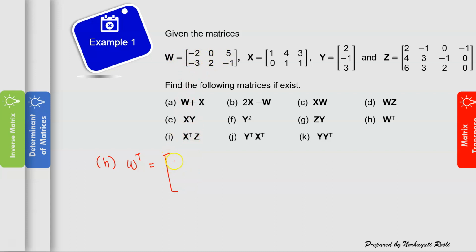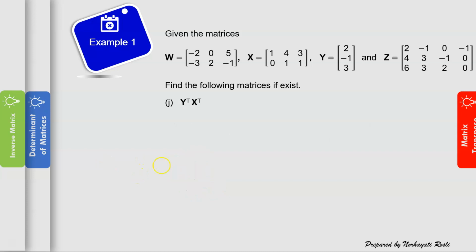So in this case, we will have [-2, -3; 0, 2; 5, -1]. Originally the first row, but now it becomes a column. And the second row originally, now becomes a column. So this is how we get the matrix transpose for this W.